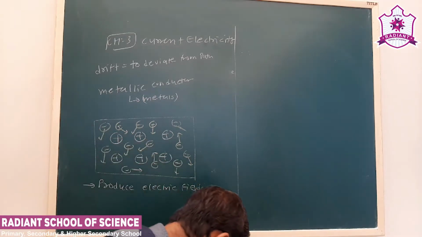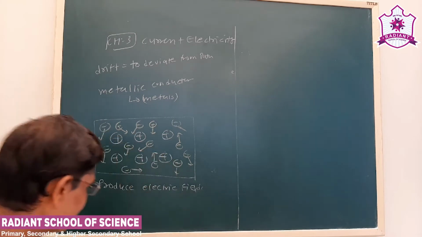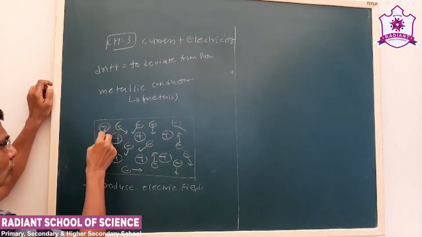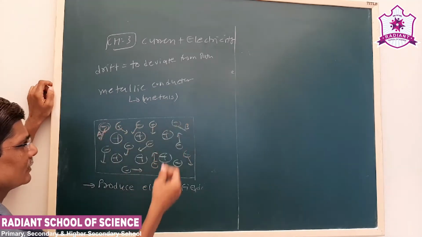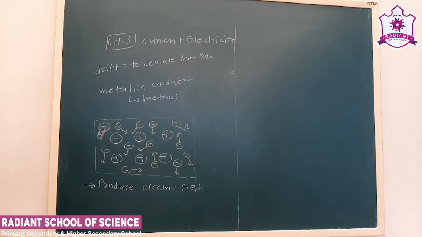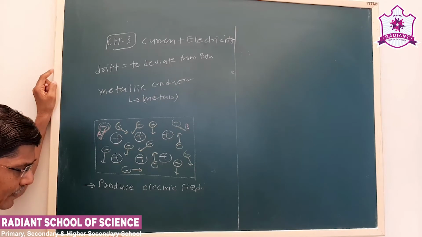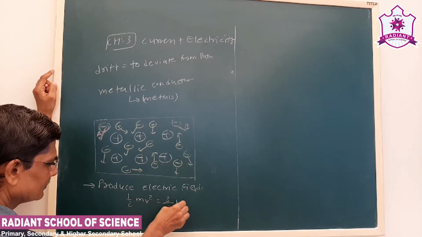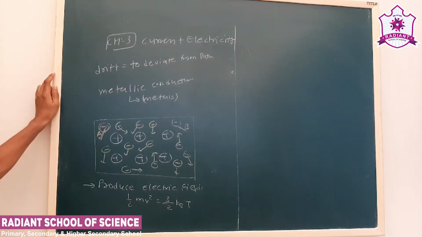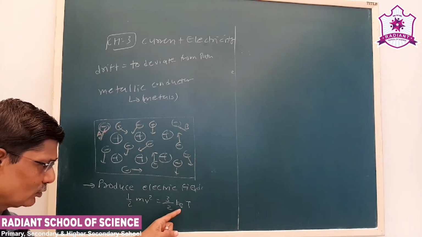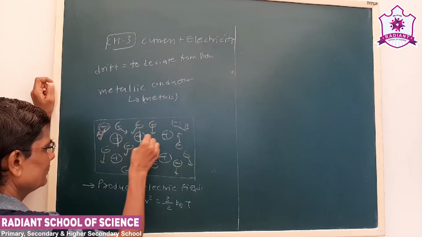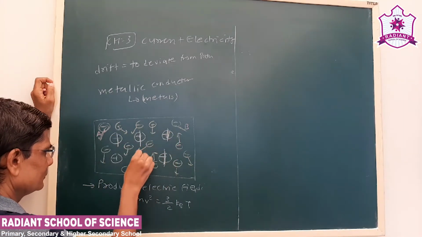Now consider a situation like this. Suppose an electron from here, let us say this electron, has to move from A to B here. Also recall the property we studied, 1 by 2 m v square is equal to 3 by 2 k_B T, where k_B is Boltzmann's constant. Kinetic energy is proportional to temperature. So the positive charges oscillate about the mean position depending on the temperature.